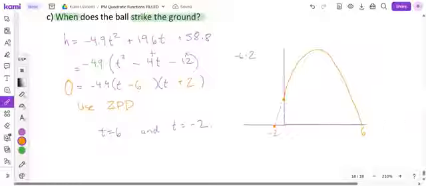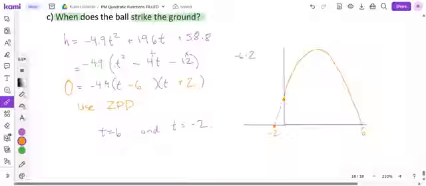So was the ball in the air for 8 seconds or 6 seconds? Did the dotted line actually happen? Did this part actually happen? No, the ball started here. So it was in the air actually for 6 seconds. But if I think of it as a mathematical model, I can say the other root is here. But the ball was not hit at -2 seconds, right?